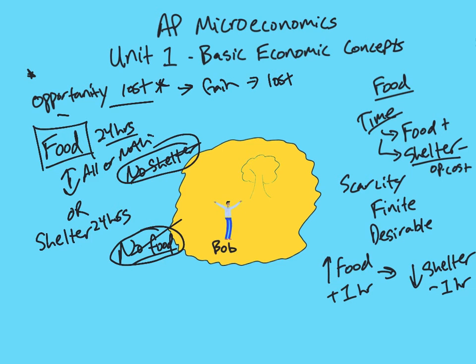But most of our decisions don't go all or nothing. Most of them are on what we call the margin. And so in AP Microeconomics, every unit, every analysis that we have typically involves the margin. What we call that is marginal analysis.